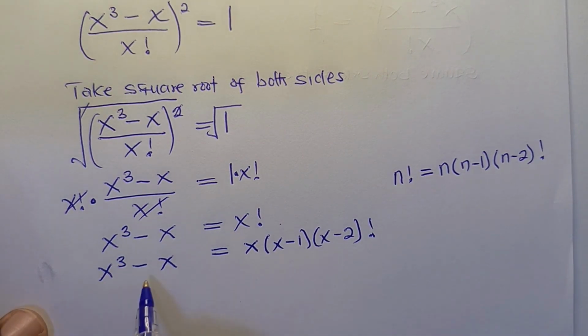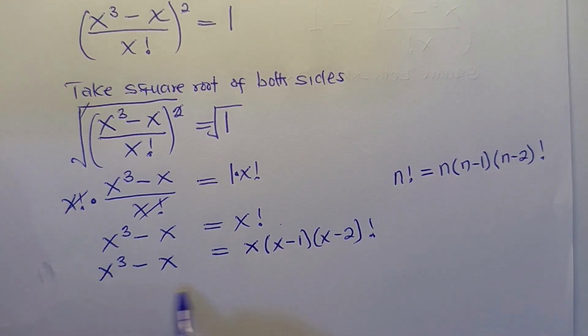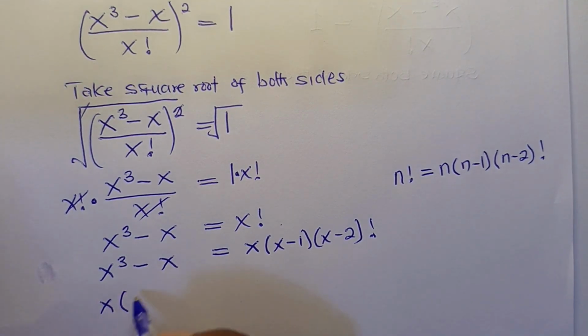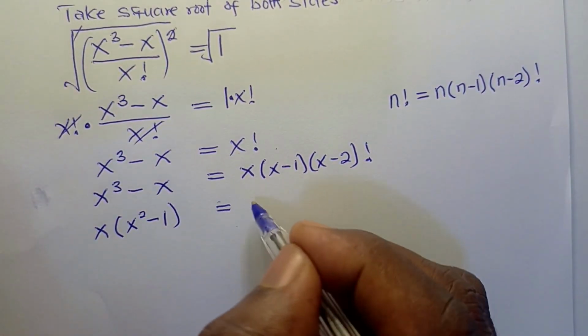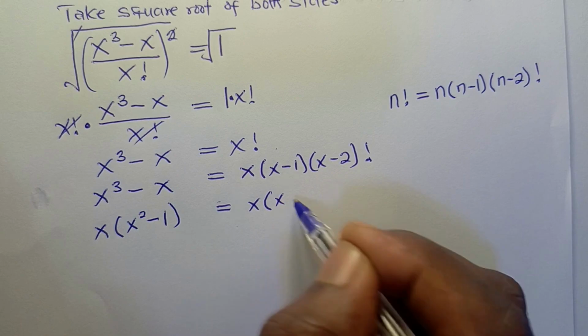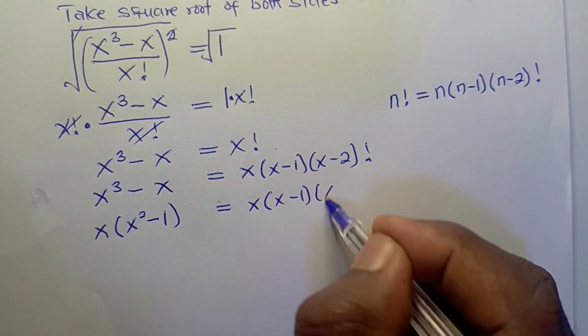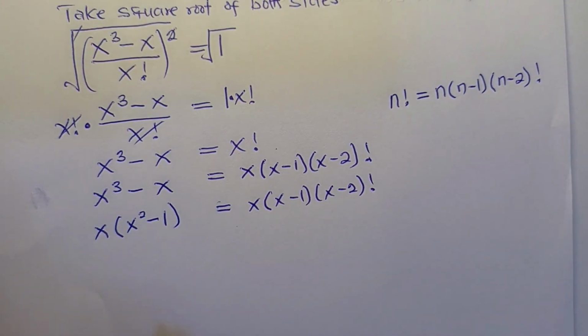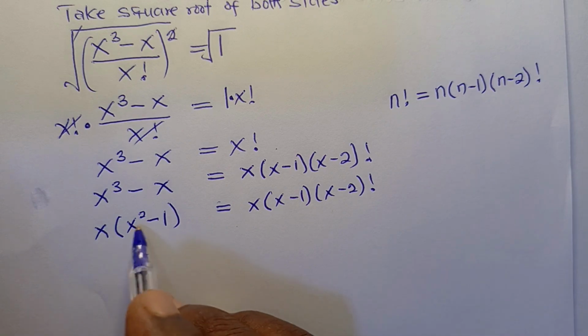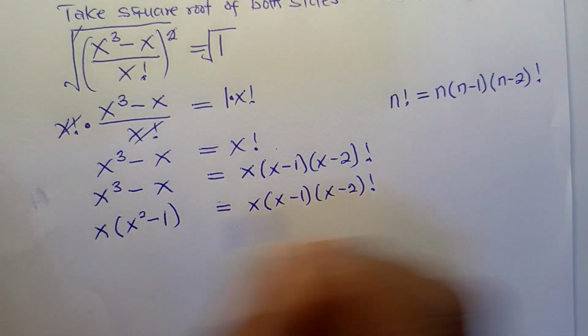Okay, so let's try to factorize this side of the equation. Here we have x outside, and we have x squared minus 1, equals x times (x minus 1) times (x minus 2) factorial. So let's look at this rule again.